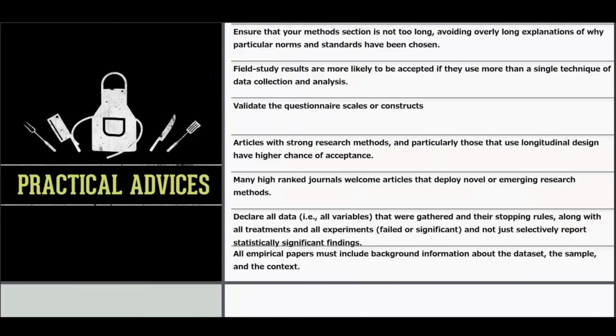Ensure the method section in your paper is not too long. Sometimes you will provide maybe 5 pages only for the method section of your paper. No need to be too long, but you need to bring all necessary support and information related to the method that you selected. You can do lots of things by referencing others in the method section.